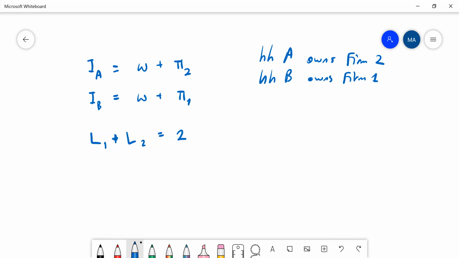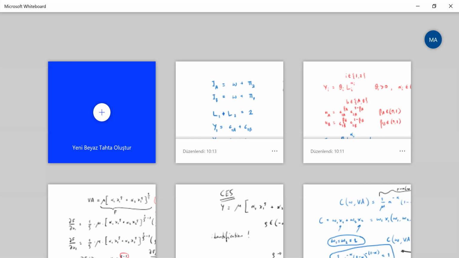So L1 is total labor demanded by firm 1, L2 is total labor demanded by firm 2. Then you will also have the market clearing condition for the first good. So it will be C1A plus C1B. And for the second good, you will have C2A plus C2B.